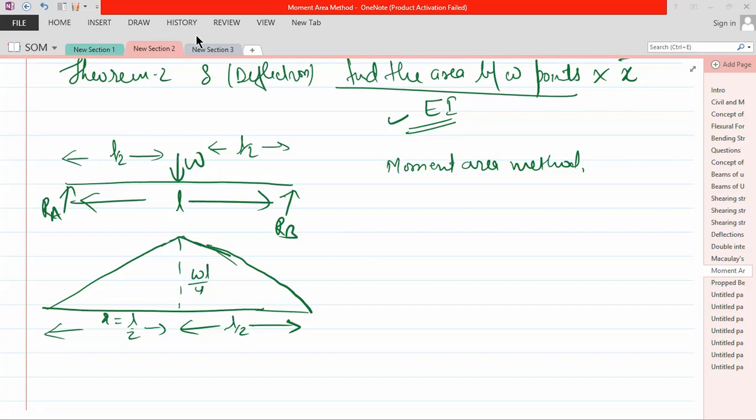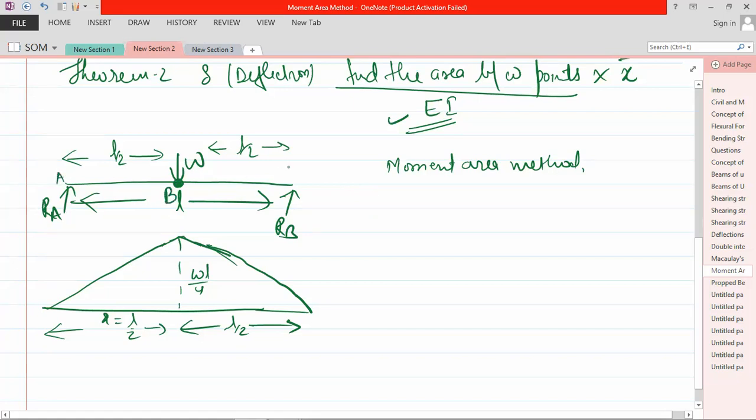Okay. In the moment area method, suppose you know that at the center in a simply supported beam with UDL, the deflection is 0. The moment area method can be applied when we know any reference point. Otherwise, differences will be obtained. Now, how I am showing you?